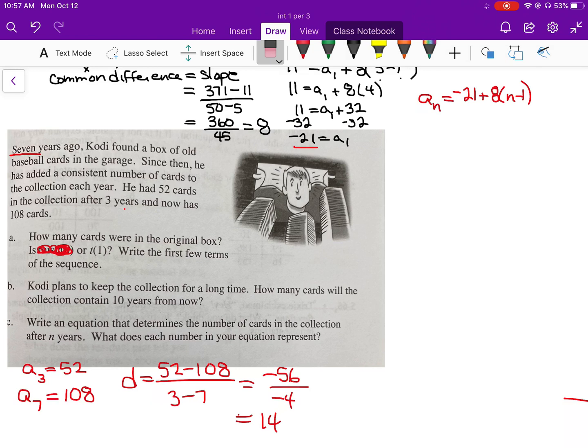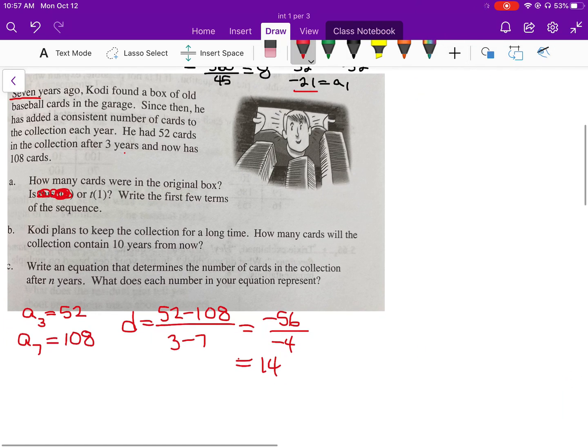Okay. Now let's find the rest of the equation. Remember, it's A sub n equals A sub 1 plus D times n minus 1. Do you want to use the 3 and 52 or the 7 and 108? I will let Carissa make that decision for us. 3 and 52.